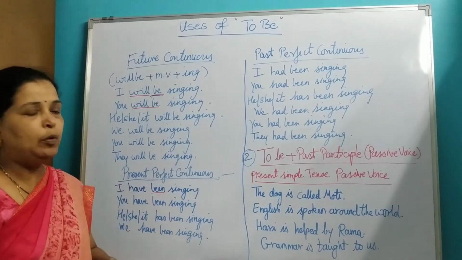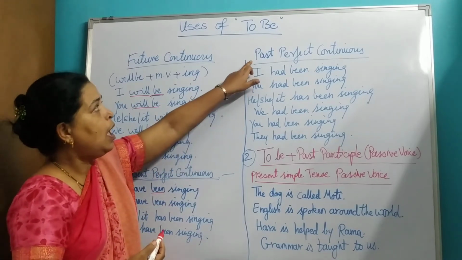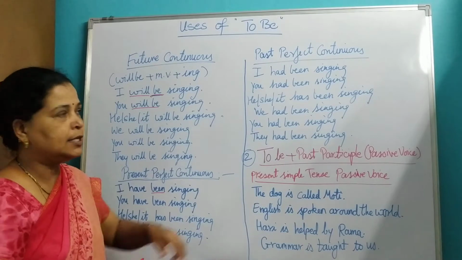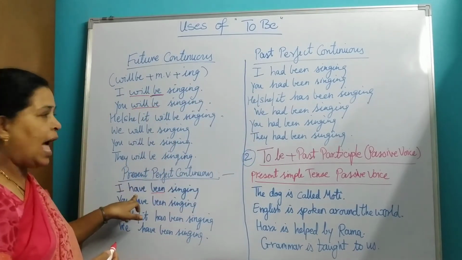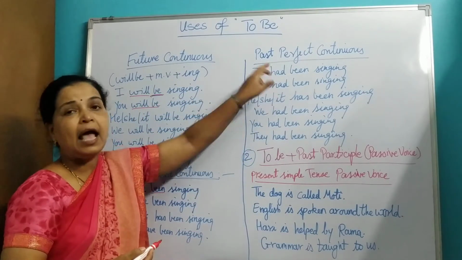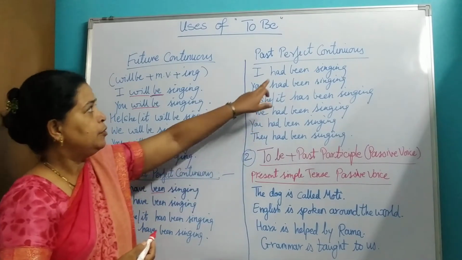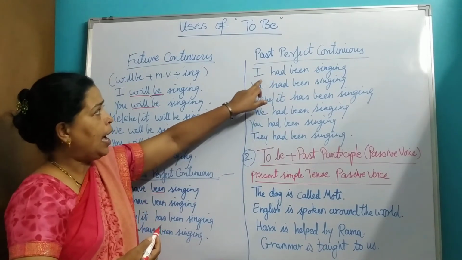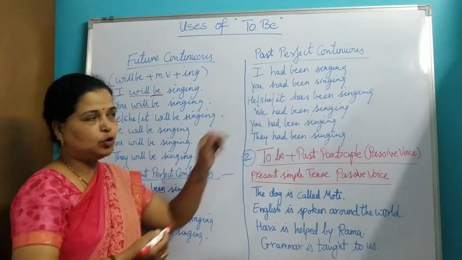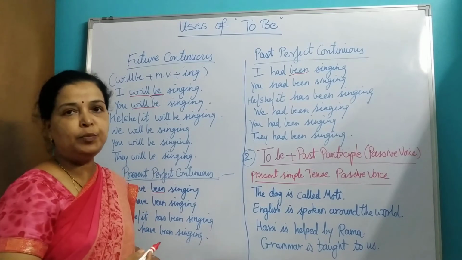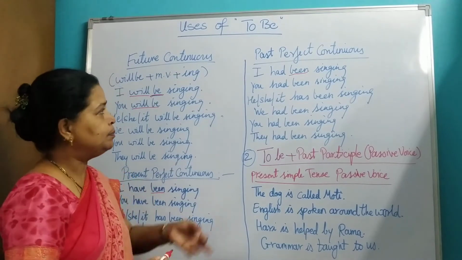In the same way we have the past perfect continuous, where the only difference is that instead of have, we have to use had, the past form of have. I had been singing. So here been is the form of to be, which is used as a helping verb.